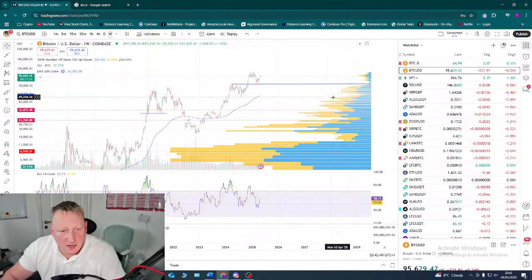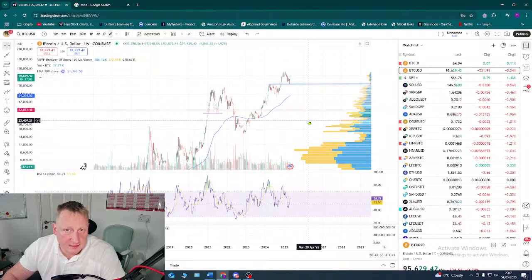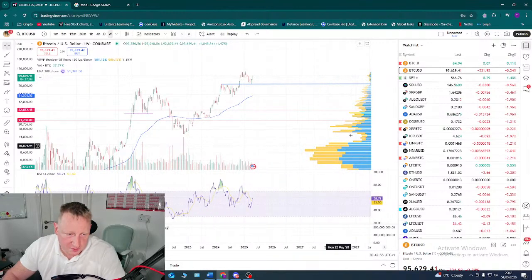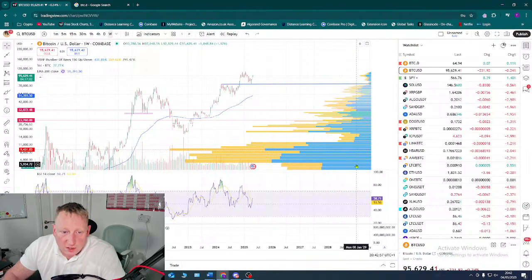So I think it's worth it to make the payment so that I can have things like this visible range. So you've got these bars here, and you've got these bars along here.